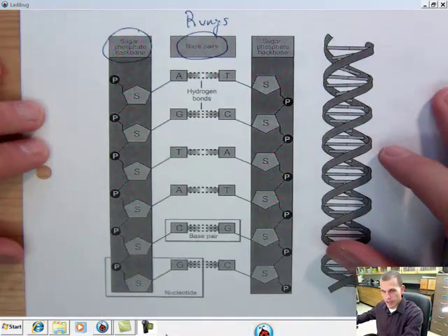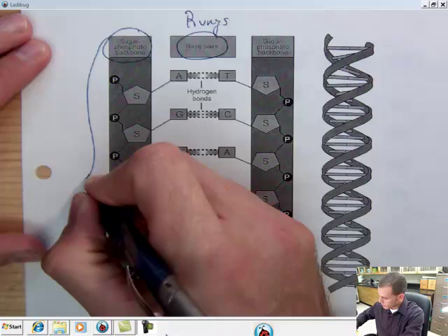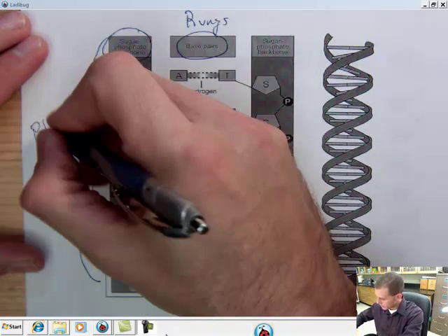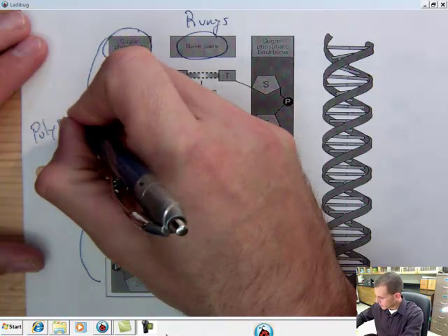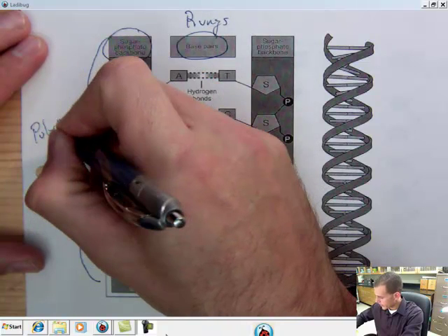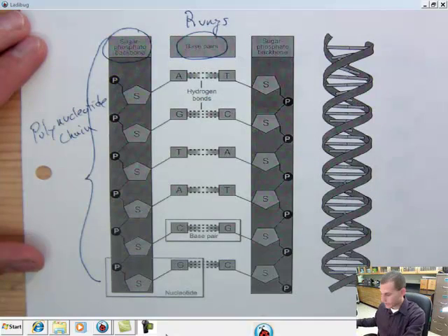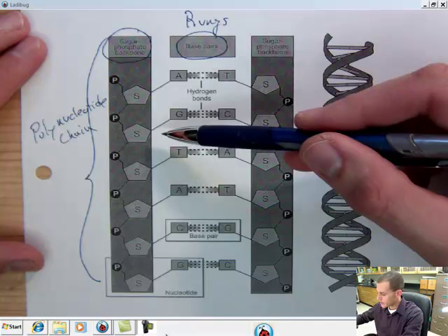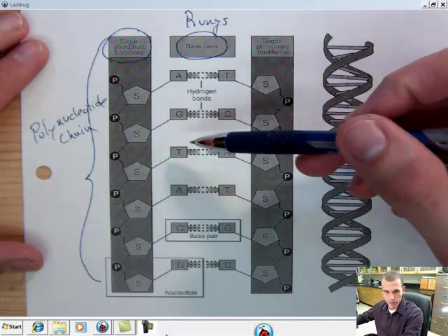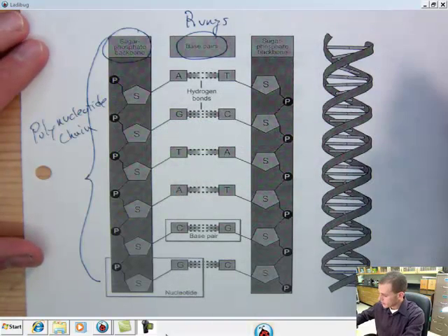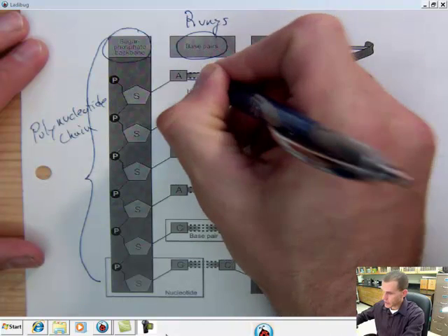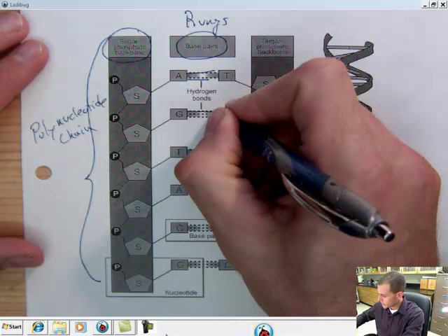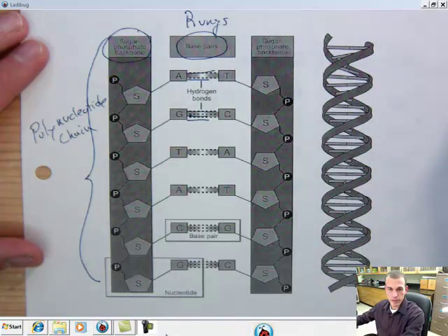This structure is referred to as a polynucleotide chain, because the nucleotides are linked together in a longer chain. Between the A's and the T's you have the double bond, a hydrogen bond, and between the G's and C's a triple bond.